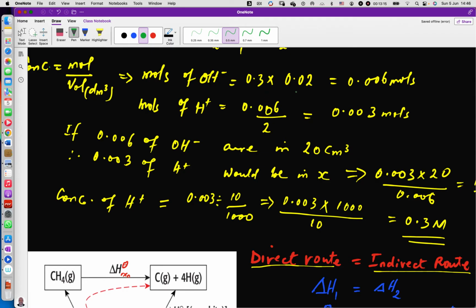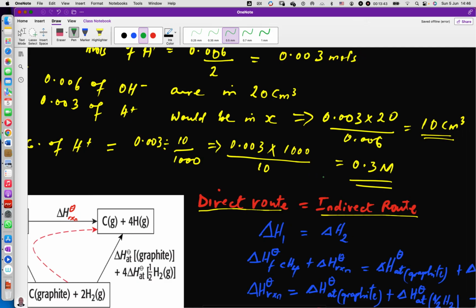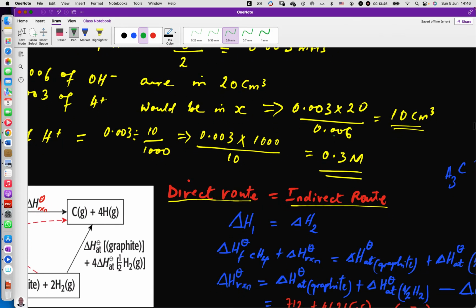If 0.006 moles of the alkali, that is the sodium hydroxide, are in 20 cm cube, therefore the moles of the acid, 0.003 of H plus, would be in X. If we do that calculation, we will have 0.003 times 20 divided by 0.006. It will be 10 cm cube. Now the volume of the acid will be 10 cm cube.